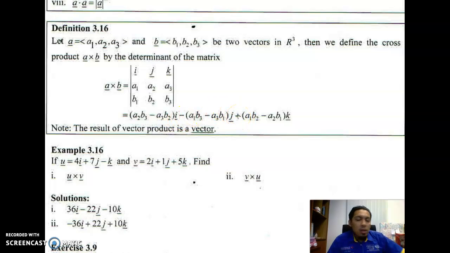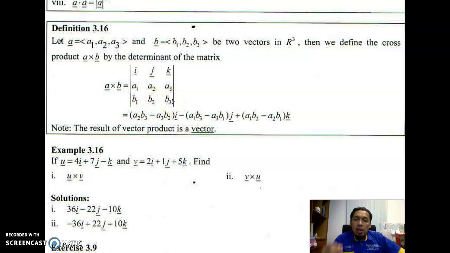Why is that? Let's go back to the idea of cofactor. This component is A11, and we have A11, A12, A13, A21, A22, A23, A31, A32, A33.